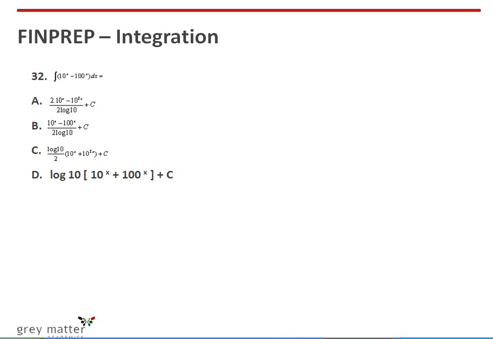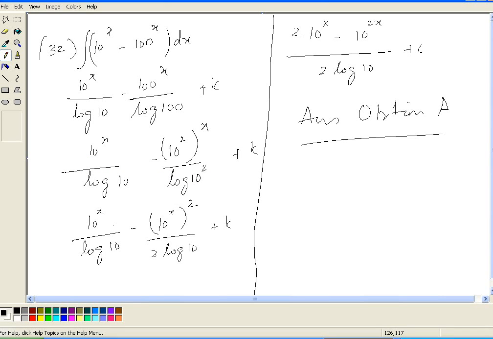32nd problem, integral of 10 power x minus 100 power x dx. Going to our worksheet. Now we know the integral of 10 power x and 100 power x as 10 power x by log 10 minus 100 power x by log 100 plus k, and on simplification, using all the laws of indices and laws of logarithm, we get this value as 2 into 10 power x minus 2 power minus 10 power 2x by 2 log 10 plus c.